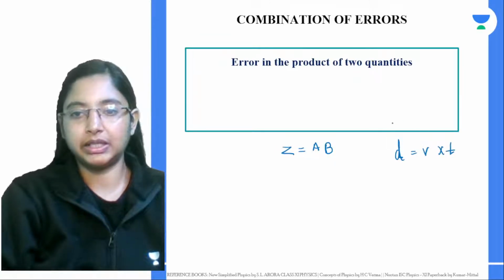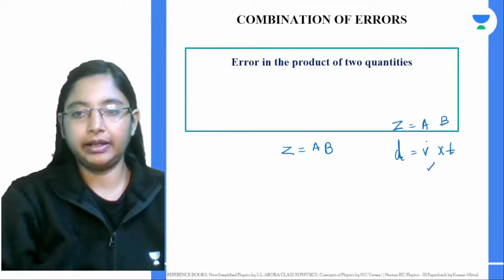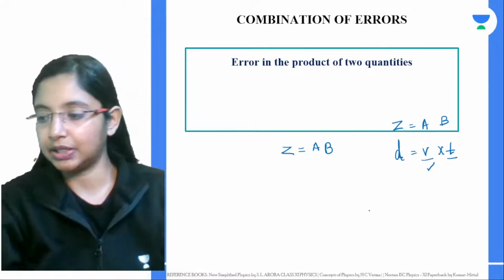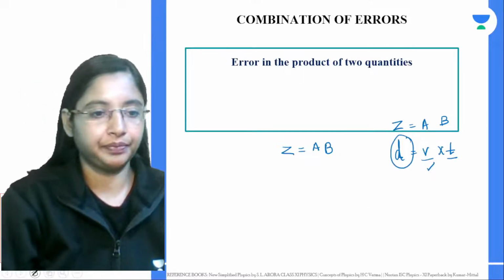So this will be Z, this will be A, and this will be B. From here, whatever the velocity is, we have to consider the error because of velocity and error because of time as well. That will give you the total error in the distance.